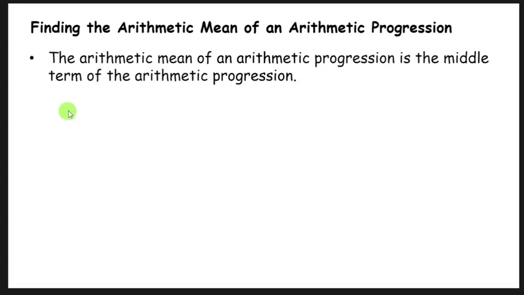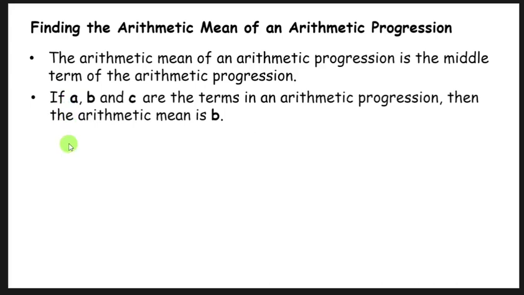If A, B, and C are the terms in an arithmetic progression, then the arithmetic mean is B, the middle term.